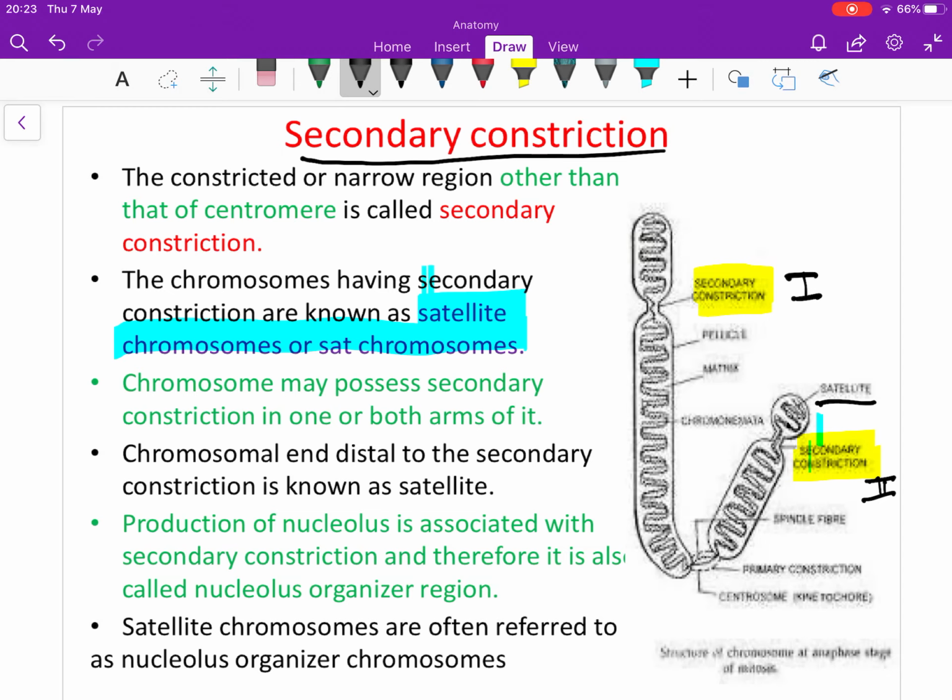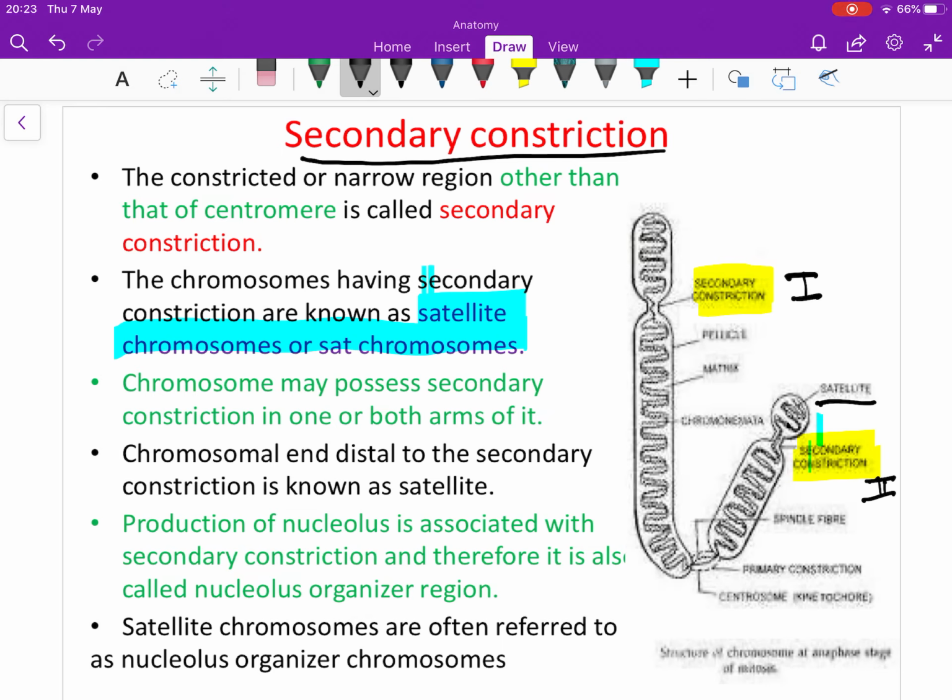The secondary constriction which is present near the satellite is able to produce the nucleolus, and that's why this secondary constriction which is present near the satellite is known as nucleolus organizer region.